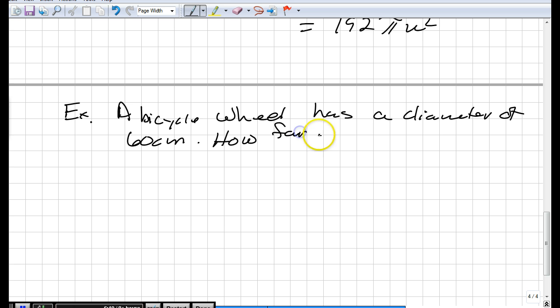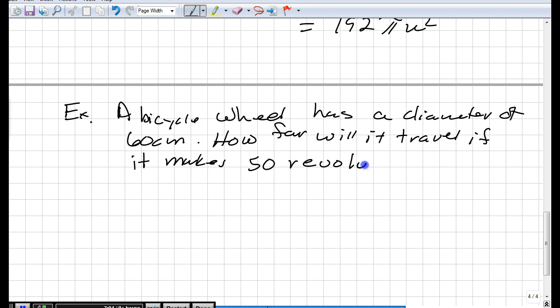How far will it travel if it makes 50 revolutions? Use pi approximately 3.14. Okay?